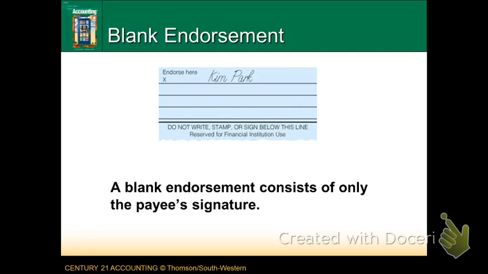Someone, a complete stranger, could pick that check up off the ground. Once you have that endorsed with a blank endorsement, they can deposit into their account, or they can have it cashed. Because once you use a blank endorsement, you are giving permission to any person, including yourself, to either cash or deposit this check. So that's why you want to wait to the very last minute to endorse it, so that it doesn't get into the wrong hands.